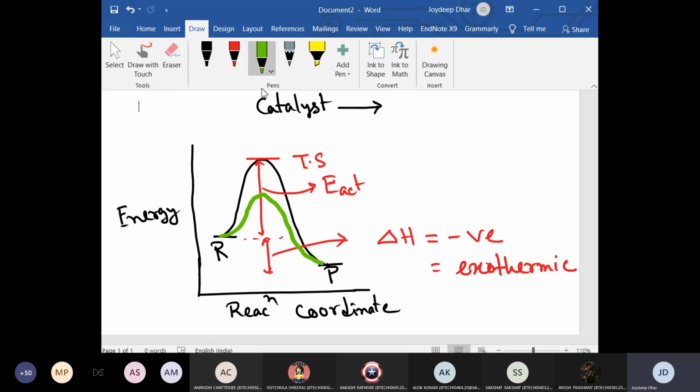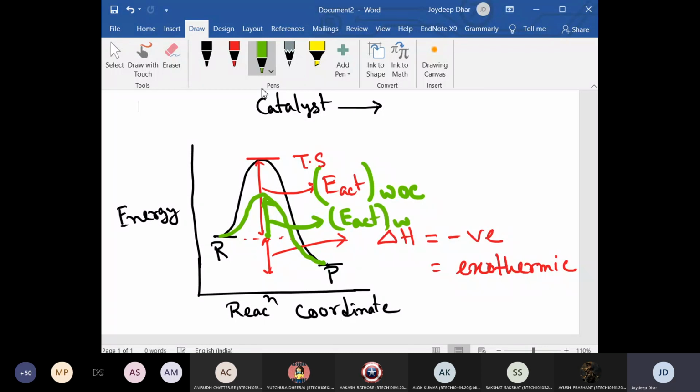But that means you can see from the figure that the reactant and product will be the same. The only thing is the height: the activation energy without catalyst, WOC meaning without catalyst, is higher as compared to with catalyst. So this is the activation energy with catalyst.